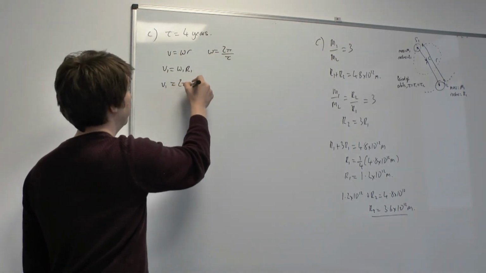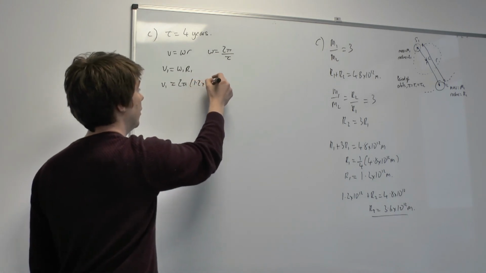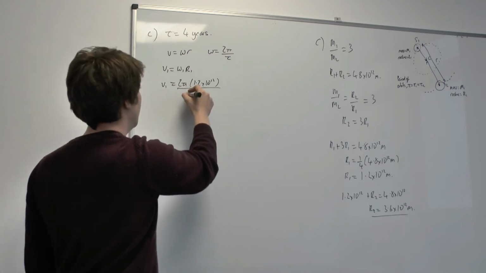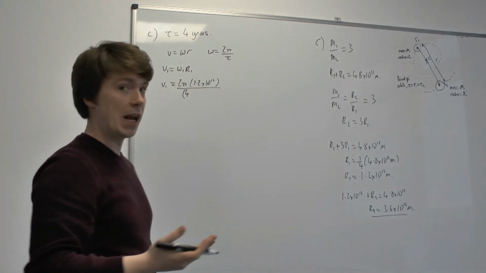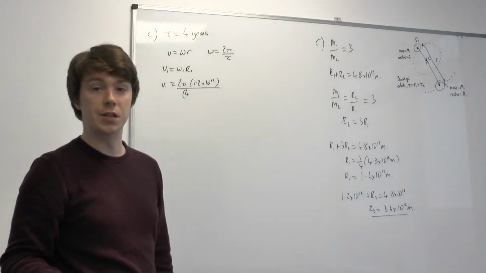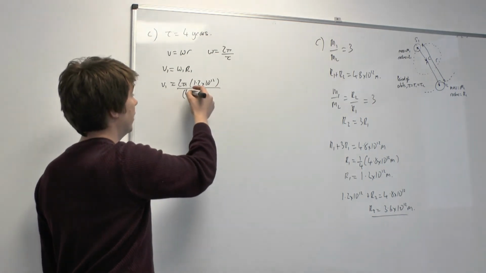So you have 2 pi times 1.2 times 10 to the 12 divided by 4 years, but we need to work in SI units. So our SI unit for time is the second, so we need to convert 4 years into seconds.